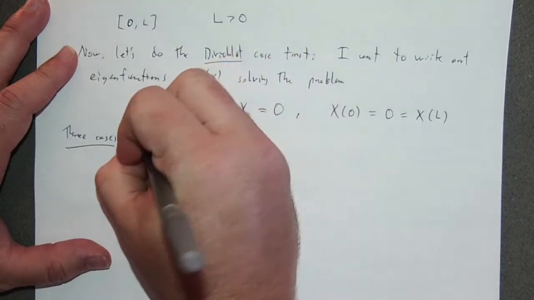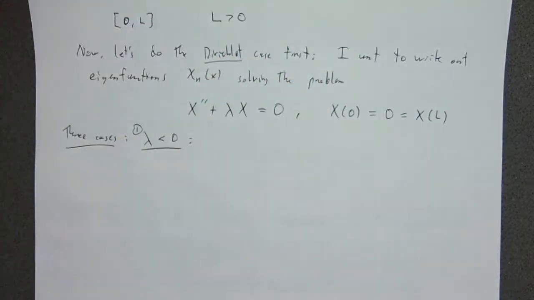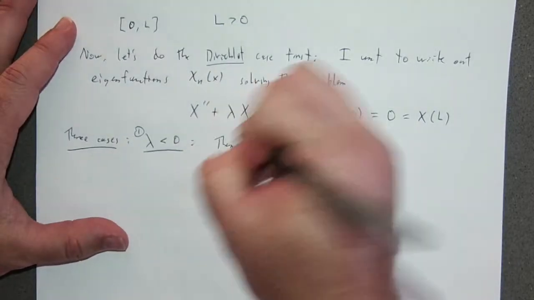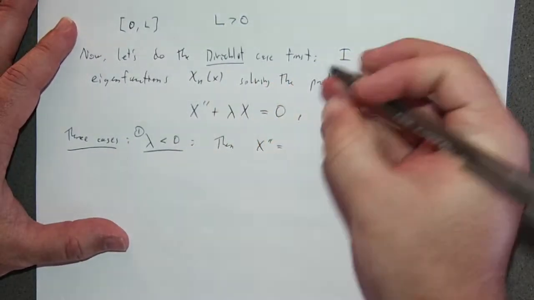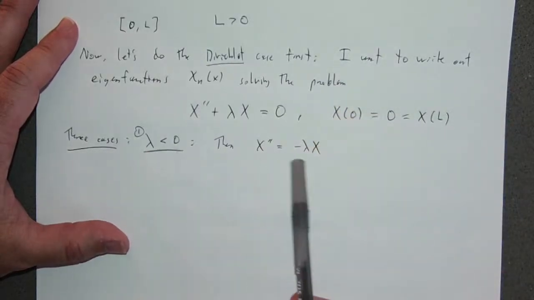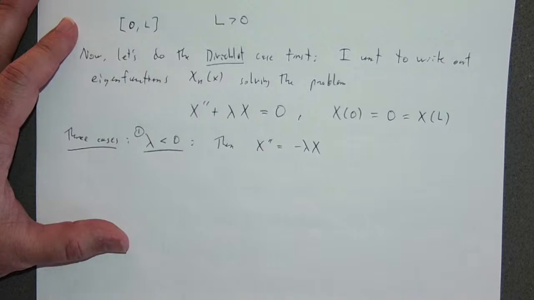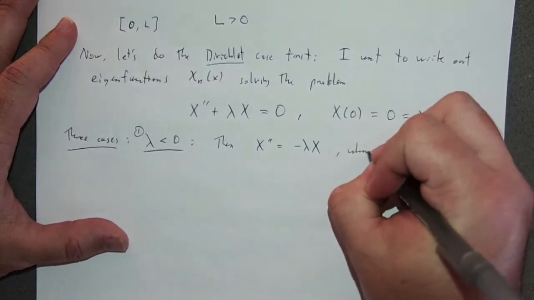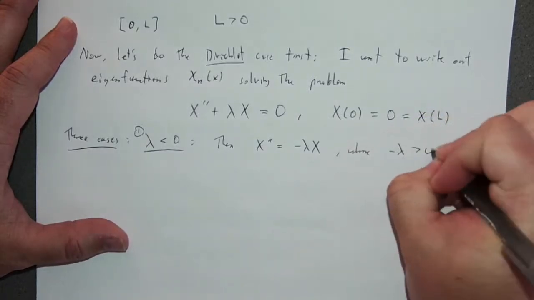So first case, lambda is negative. Then X double prime is minus lambda X, and if lambda is negative, then minus lambda is positive.